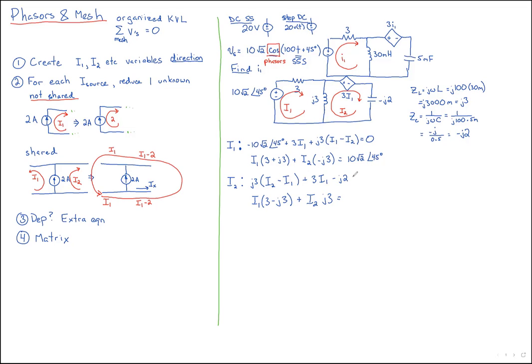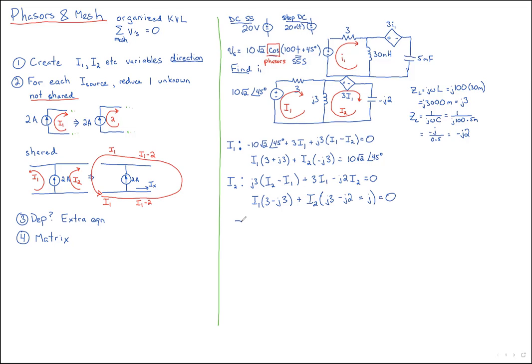The voltage here is minus J2 times I2. So let's update how much I2 we have here to say we've got plus J3 from here, minus our J2 from here, plus J3 minus J2. And I'm just going to write that as just J. And there's no constants at all here.